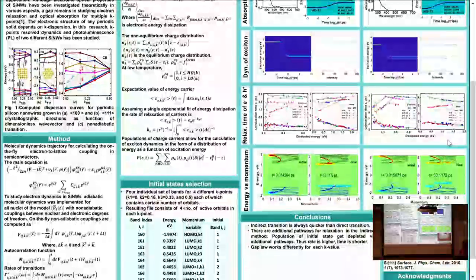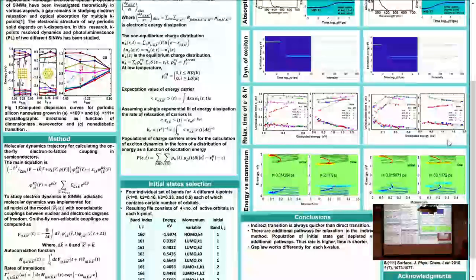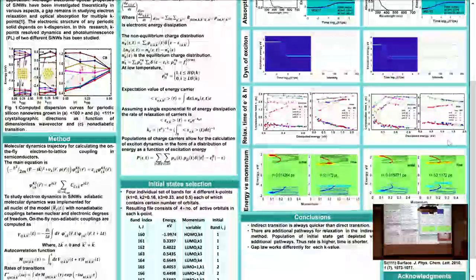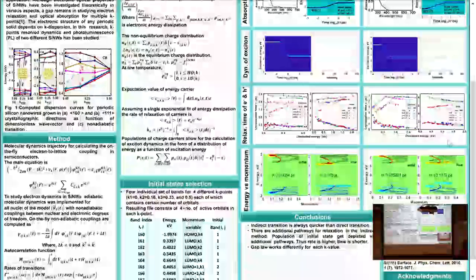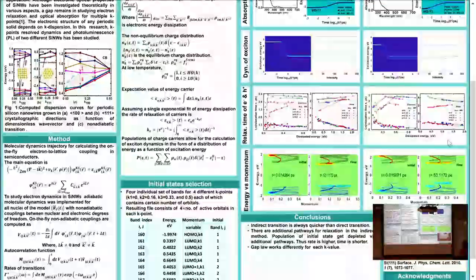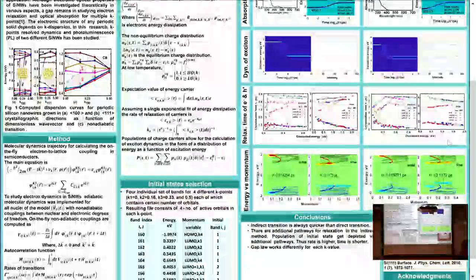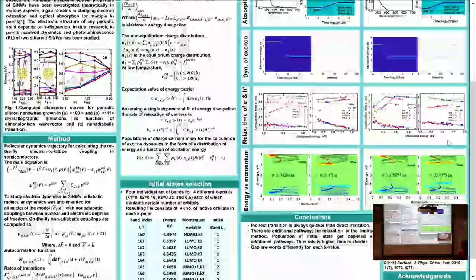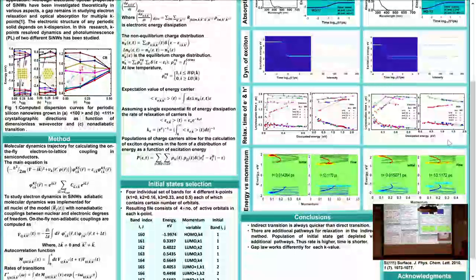These figures just show how electron and hole travel from the excited state to the band edge. These are actually snapshots from a video clip. So this one is the initial step, and this is final. And this is for initial.